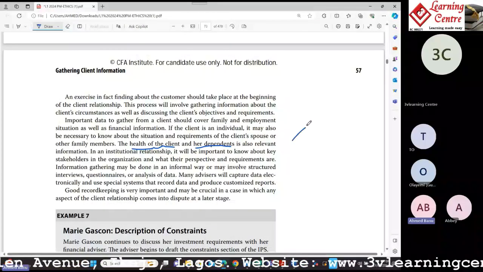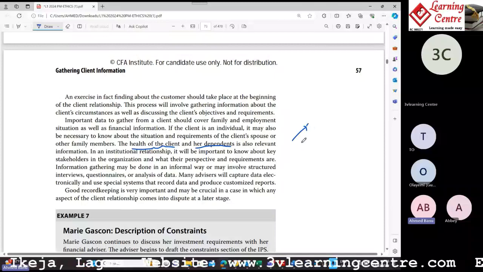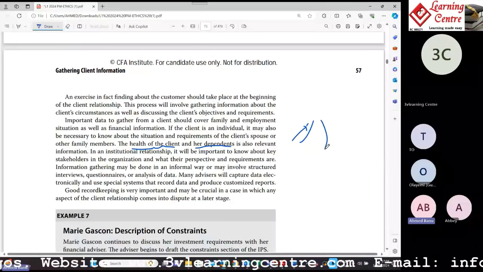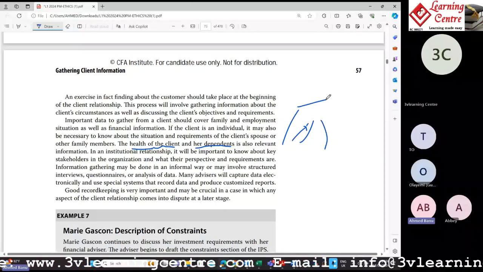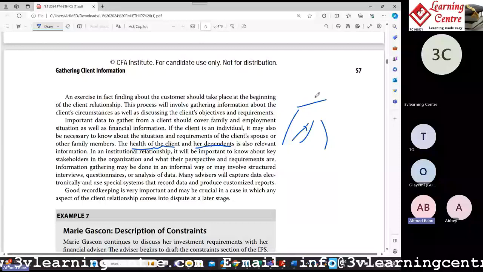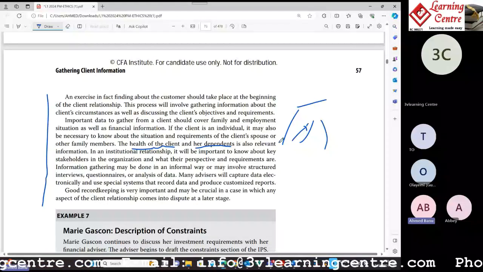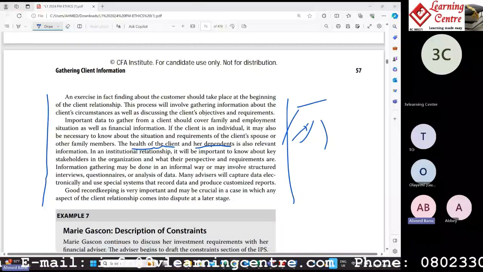Those are things that can lead to unexpected liquidity needs. It's good for you to know what the wife is doing, what school the children are in, what kind of job he does. Does he have multiple sources of income? So you need to gather as much information as possible. It's just too important.